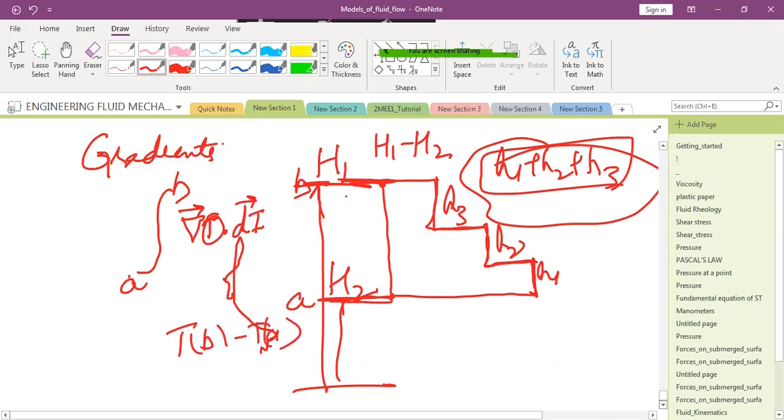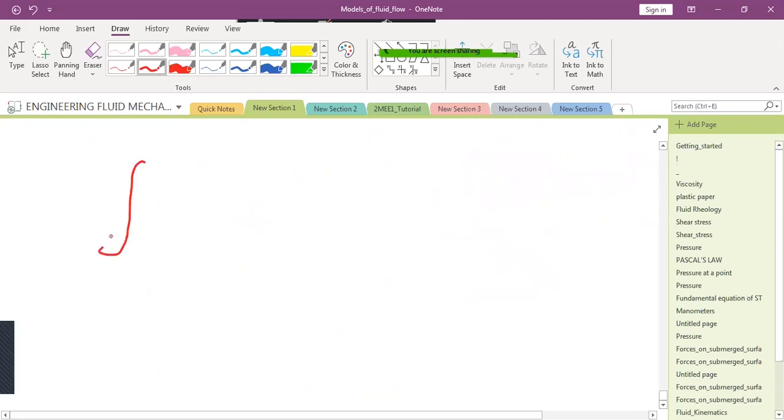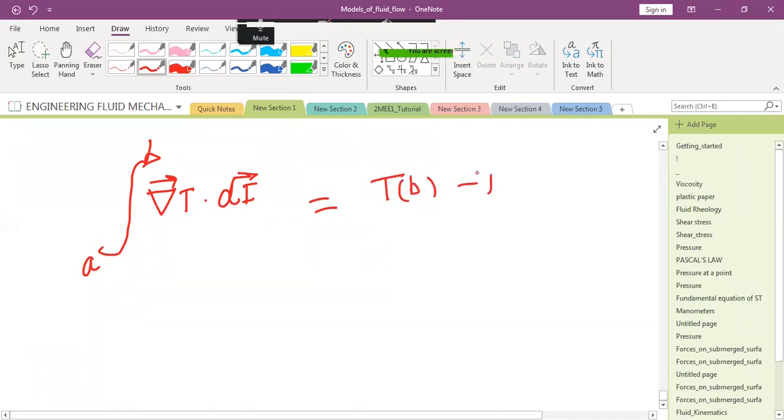So finally the theorem becomes integral of a derivative. Here derivative is gradient over some region in space. Some region in space is the line element, is equal to the value of the function. Function क्या है यहाँ पे? T at the boundaries. Boundary क्या होंगी? Endpoints A and B. So this is called the fundamental theorem of gradients.